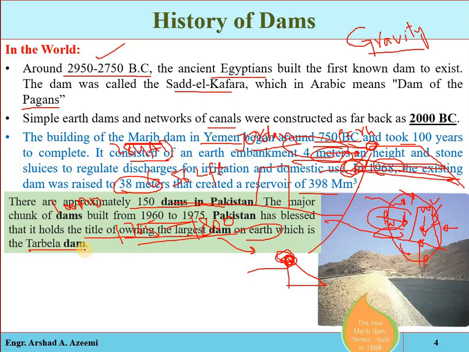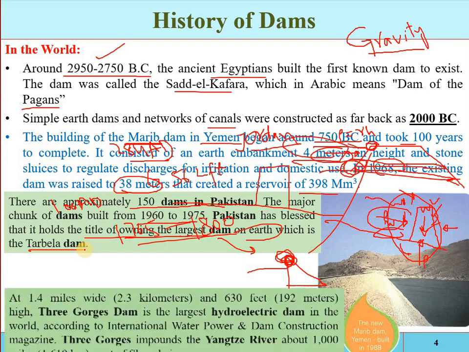Currently dams are constructed from concrete or masonry or some artificial or rigid type of material, but the Tharbela Dam is constructed from earthen material, meaning the natural topography of the area has been utilized to store the water and control the flow of water, and natural material is used. So based on that, the Tharbela Dam is one of the largest in the world.